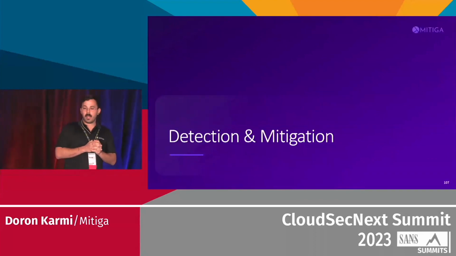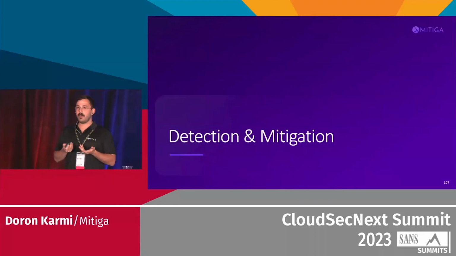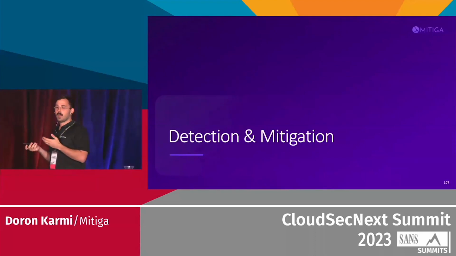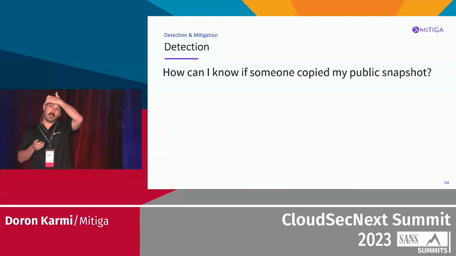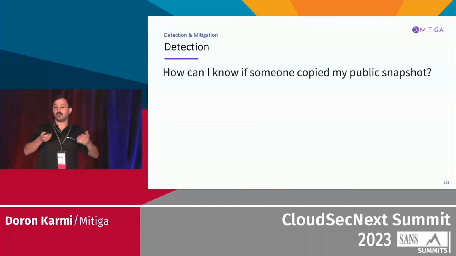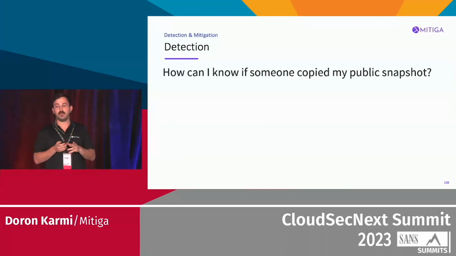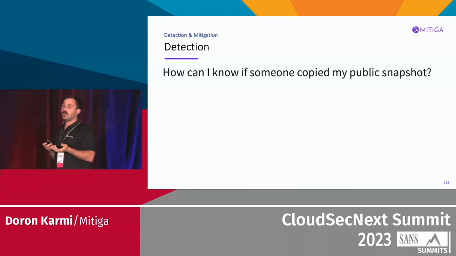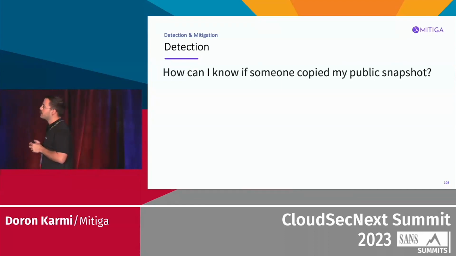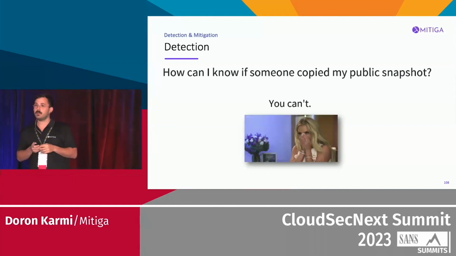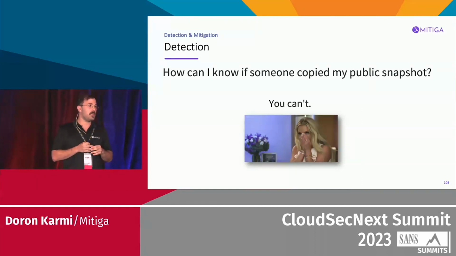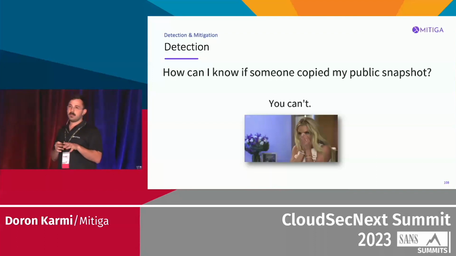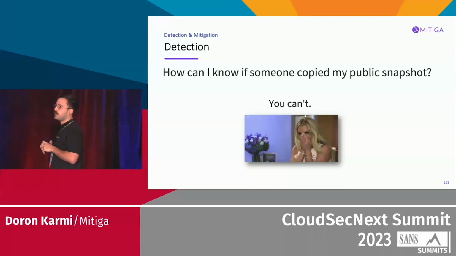Now you might ask yourself what you could do in order to detect this threat and to mitigate this threat. So one, like a CISO or incident responder or anyone from the security team could ask himself, how can I know if someone copied my public snapshot? So apparently you can't. We mentioned this major lack of visibility within AWS, and this is something very interesting that we found during the research.